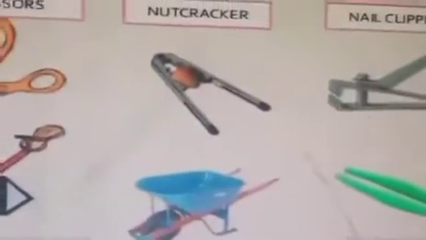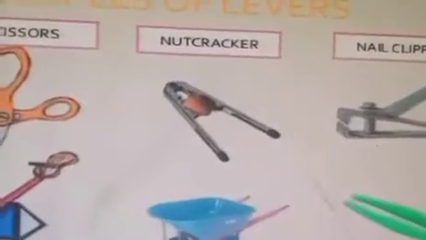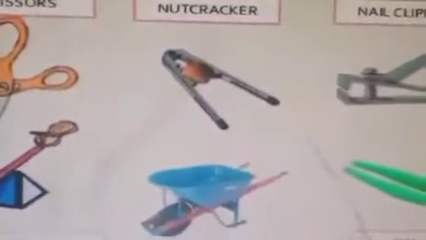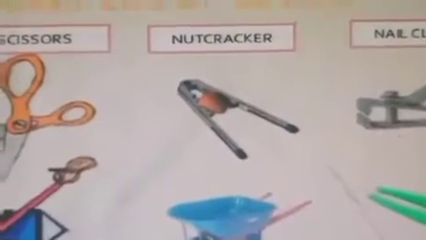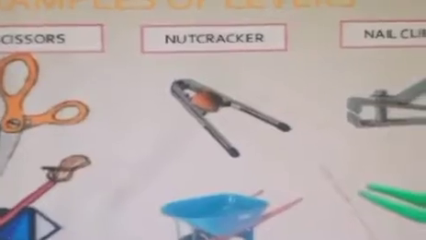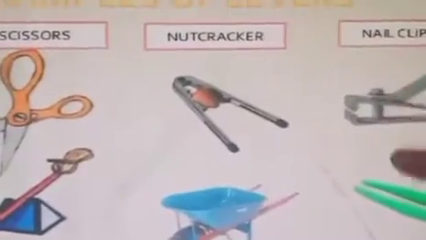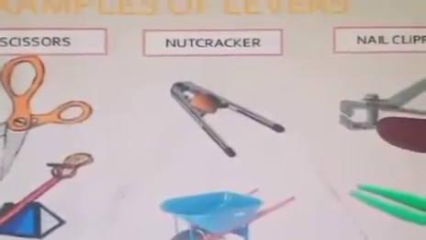We also have the nail clipper. You apply the effort here, and you can see where you put the load and where the turning place is. So the load is placed here, and this is what makes the nail clipper turn.